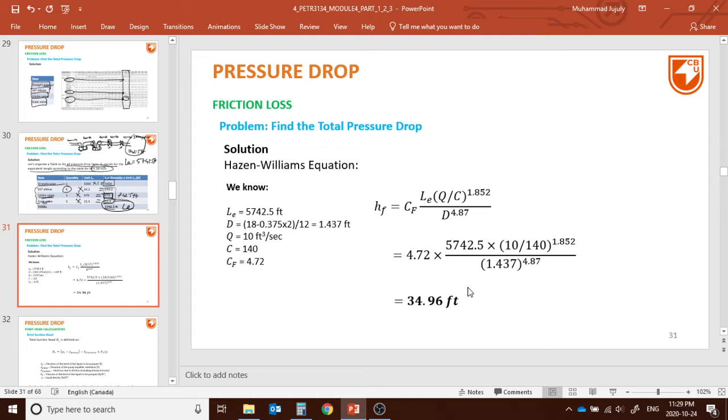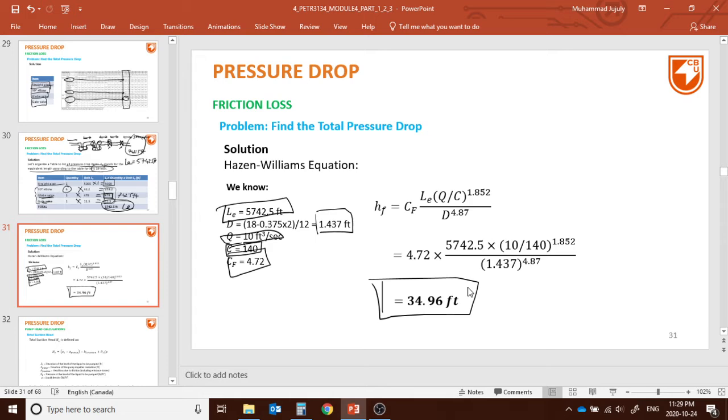Remember? Now we have the L_e. We know how to calculate D, and we have the Q. We have C, and the conversion factor is 4.72 because all these formulas use factors. If you use American engineering units, you just use 4.72 as a conversion factor and put in all the information. We get a total head loss of 34.96 feet.